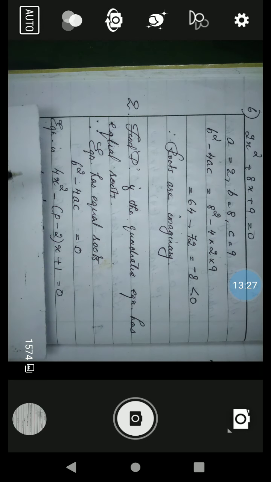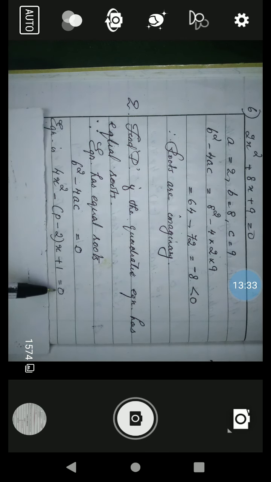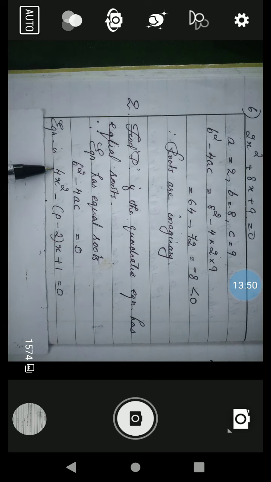The equation is 4x square minus p minus 2 into x plus 1 equal to 0. This is also in the standard form, ax square plus or minus bx plus or minus c equal to 0, where a is equal to 4, b is equal to minus of p minus 2, c is equal to 1.